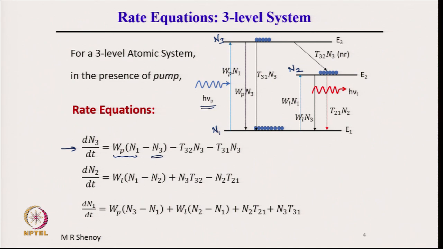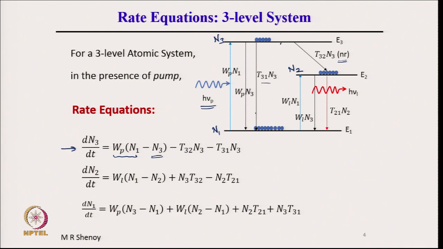What other transitions? There is T32 into N3. Atoms undergo spontaneous transitions, in this case primarily non-radiative transitions, NR referring to the non-radiative transition. So, T32 into N3, and one more term, atoms could also come down here.